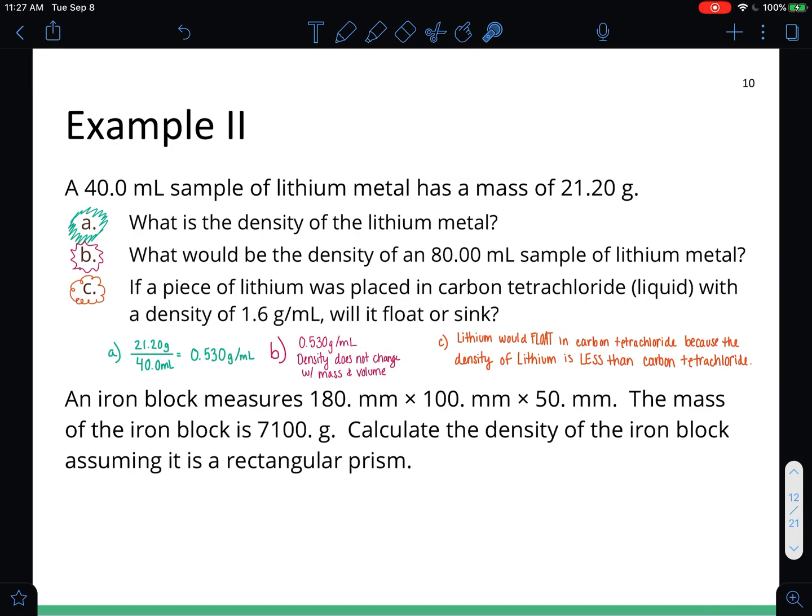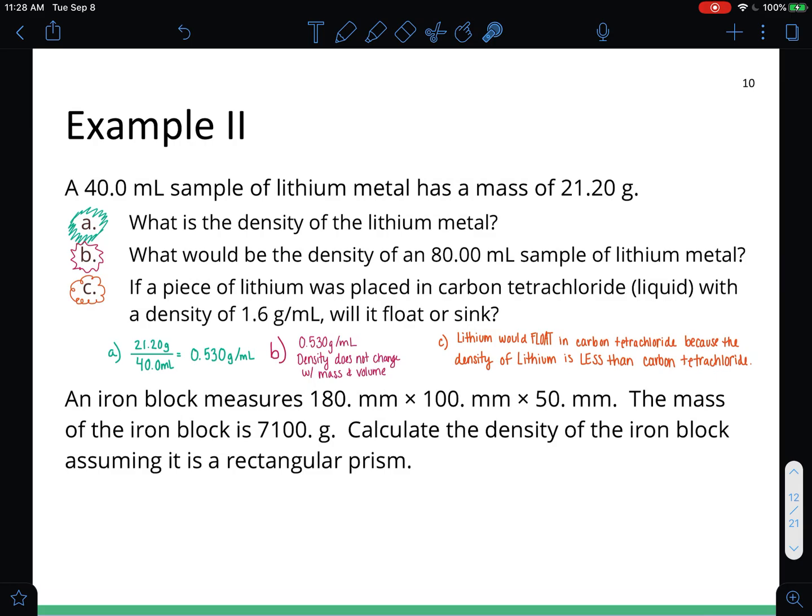Then what would the density be if it was an 80 milliliter sample of lithium metal? Well, if it's still lithium metal, meaning the solid, the density is not going to change just because we have more of it. So we doubled the volume of it, and therefore our mass would double as well.